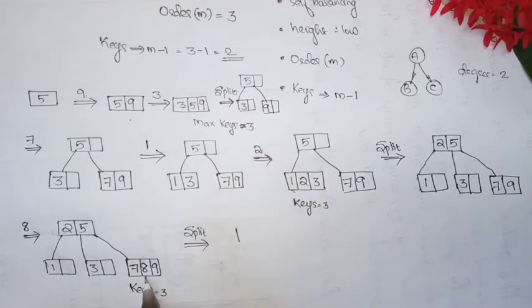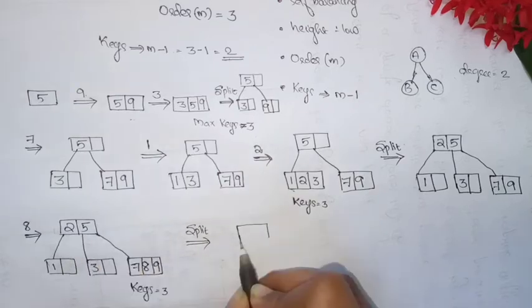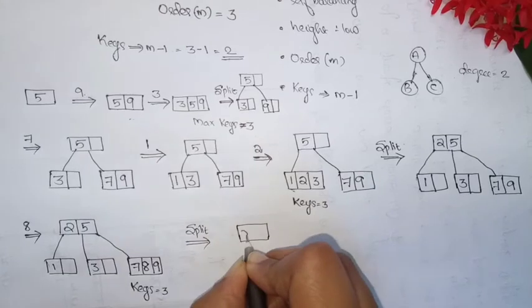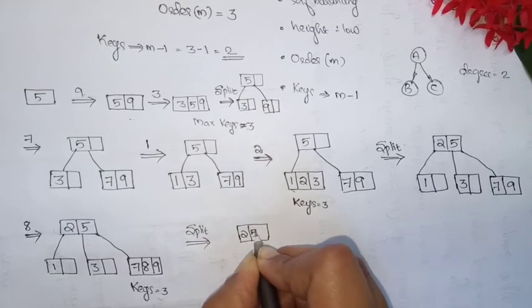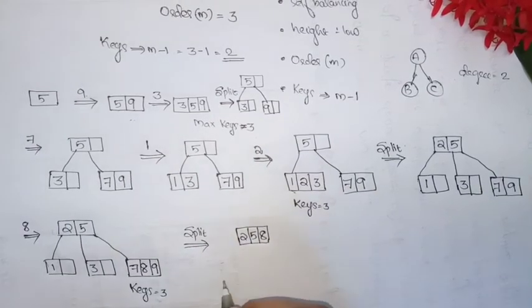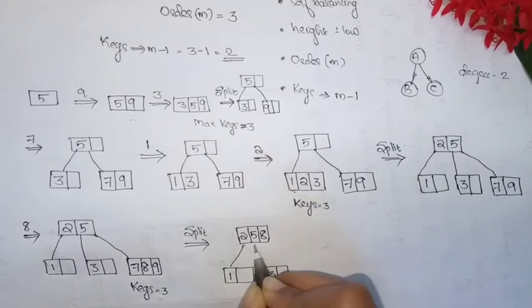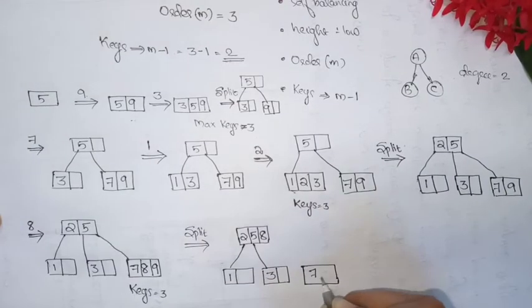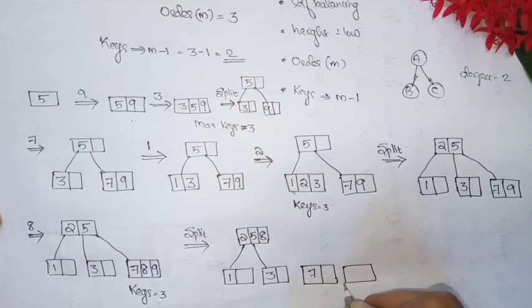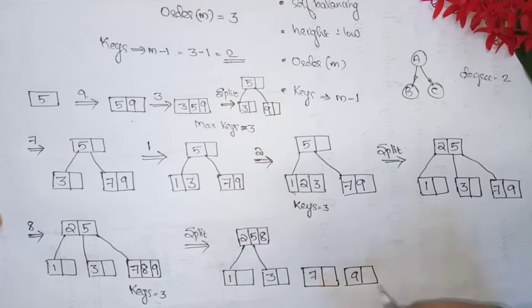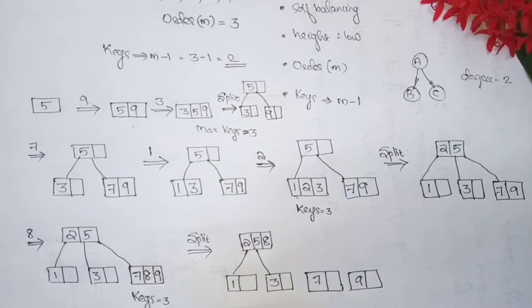So here I move this particular key 8 into the upper node. So the upper node will become 2, 5 and 8. Here 7 is placed in a single node and 9 is placed in a single node since I moved this 8 upwards.